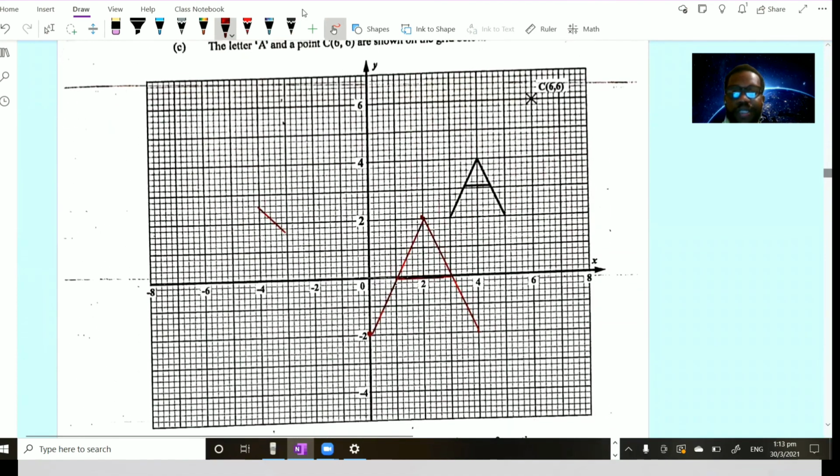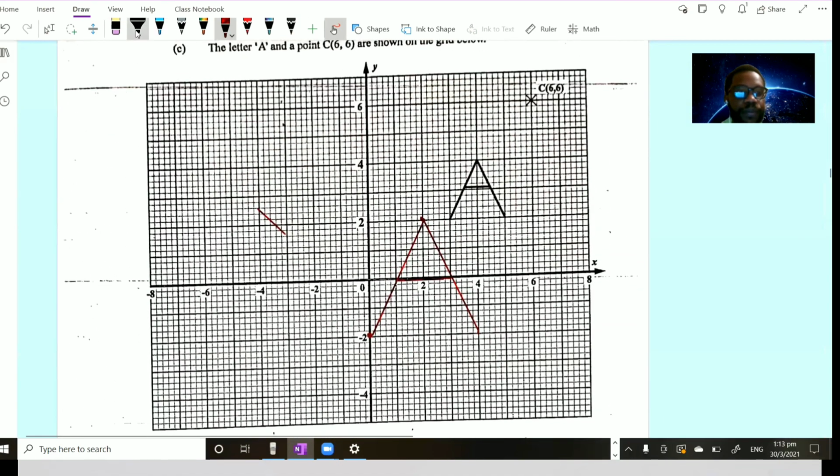Good, so let's get right into it. So here I'm at 4, 4. -3, 2 would mean 3 places to the left and 2 places up. So I'm going to go 1, 2, 3 to the left and 2 places up, 1, 2. So the tip of the A will be right here.